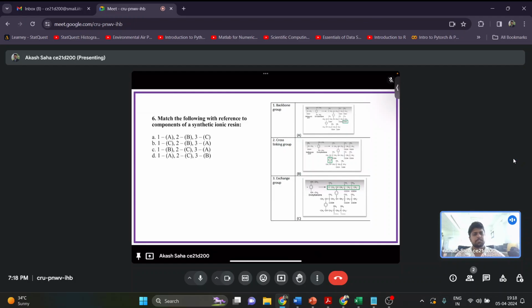So the correct option would be option B, where we match 1 to C, 2 to B, and 3 to A. Directly we can say, because COOH is definitely an exchange group, and a long hydrocarbon chain can act as a backbone group, and the other one can be a cross-linking group. So option B is correct. Let's move forward.